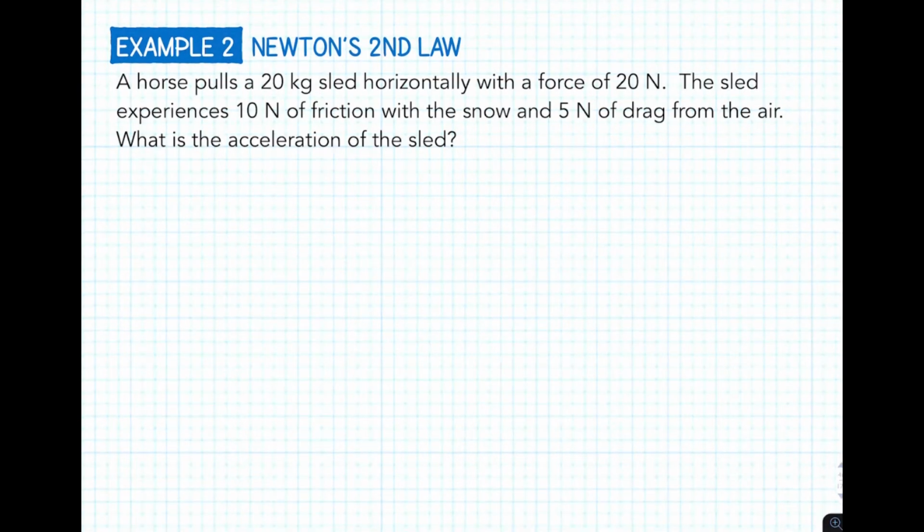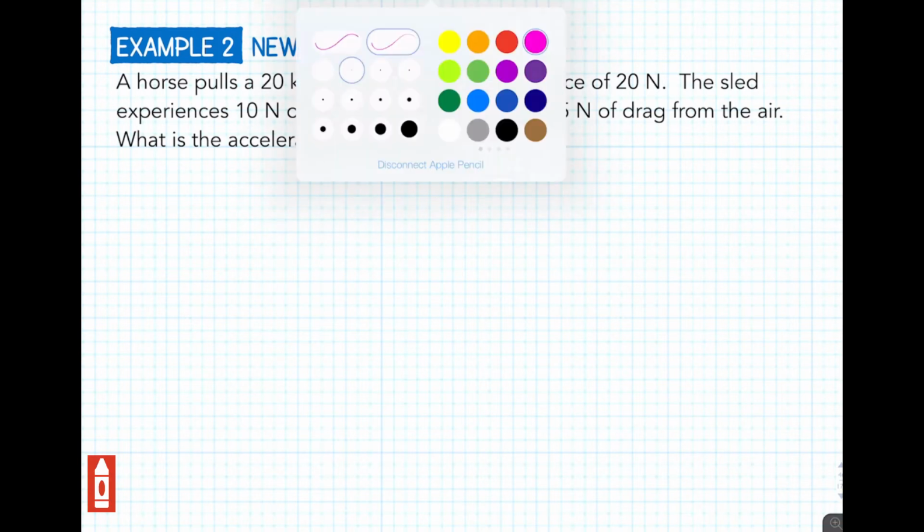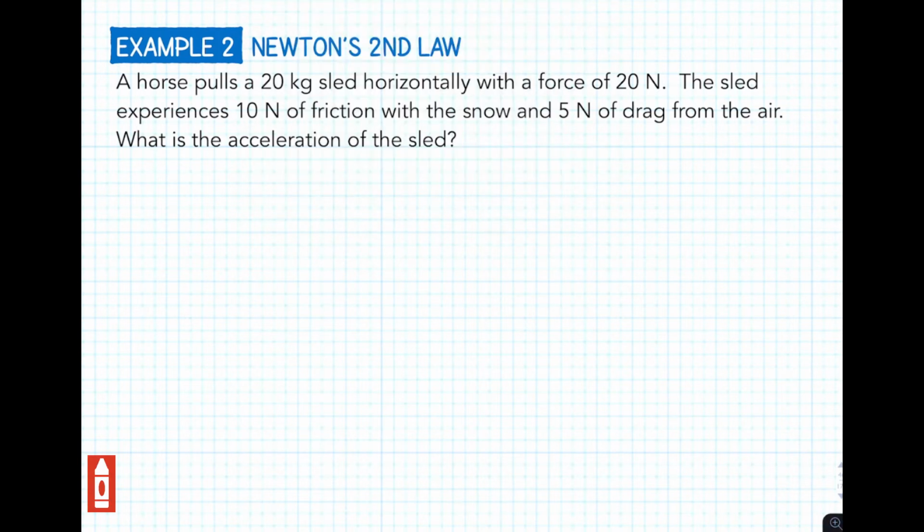We have a horse pulling a sled horizontally with a force of 20 newtons, and the sled experiences 10 newtons of friction with the snow and 5 newtons of drag from the air, and we want to know what the acceleration of the sled is. I'm going to attempt to draw a horse and a sled. Here's a terrible picture of a horse.